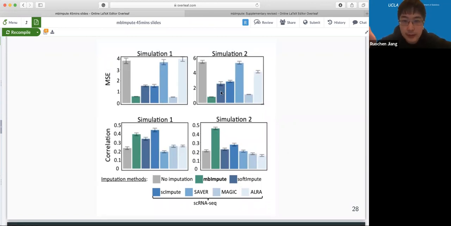I will explain it in a second. Basically, the lower the MSE, the better, and the higher the correlation, the better. You can see that in both cases our method performs better compared to some imputation methods from single-cell RNA sequencing and to soft impute, which is a very widely used method in the machine learning field.